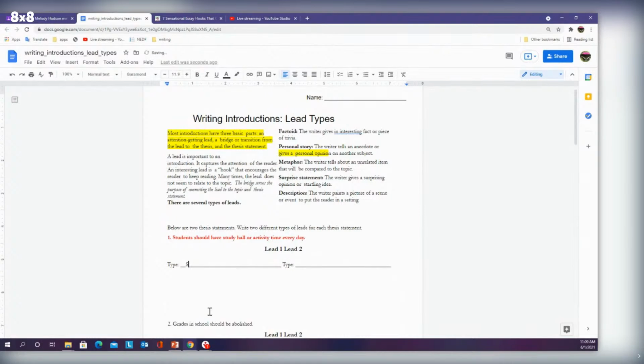So let's start. Students need more physical activity for good mental and physical health.